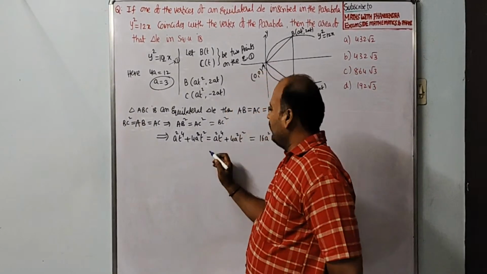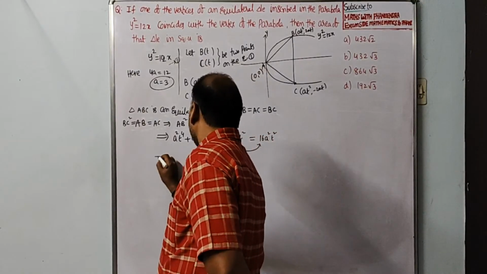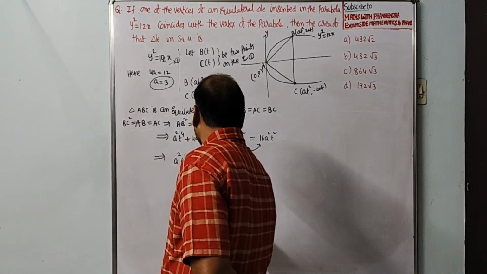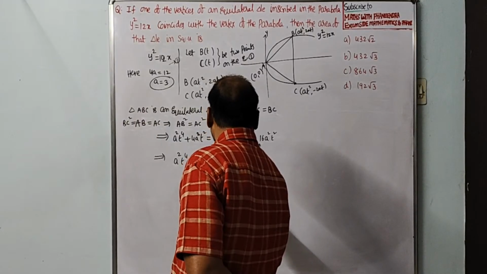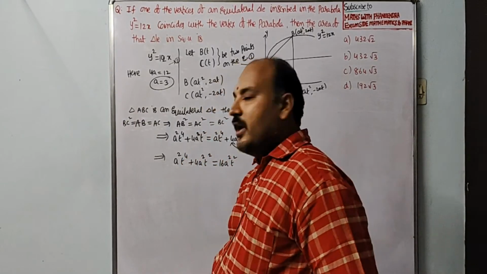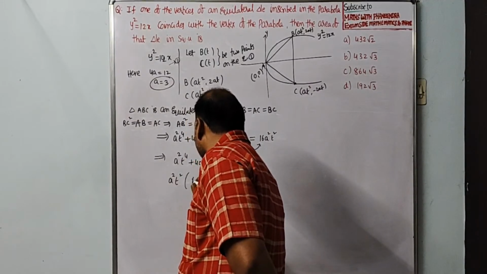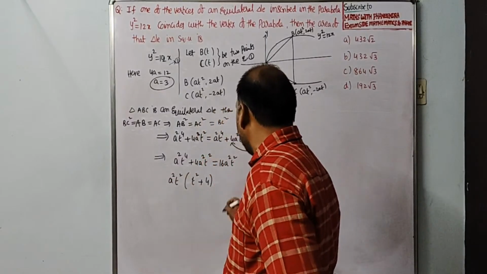Anyway, these two are equal. We can equate any of these two. So if we equate, a²t⁴ + 4a²t² is equal to 16a²t². In this I am taking a²t² common, so t² + 4, a²t² I am taking out.